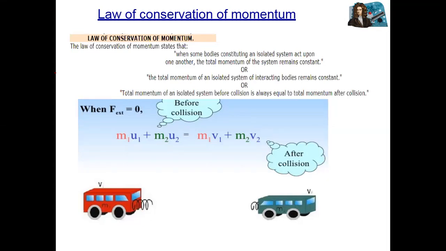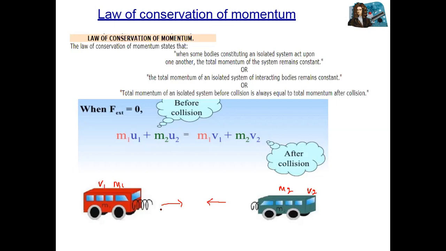Let's suppose there are two bodies. The mass of this one is m1, moving with velocity v1. This mass is m2, moving with velocity v2. They are moving toward each other and they collide, so they will move with different velocities.